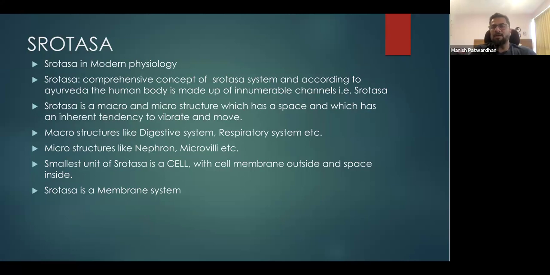Different organs will come together to form a system. Just like in Ayurveda, the Rasa Dhatu and Rakta Dhatu are the tissues, made up of smaller particles of Mamsa. The same concept applies: similar cells doing similar functions come together to form tissues, and from the tissues the organs are formed.